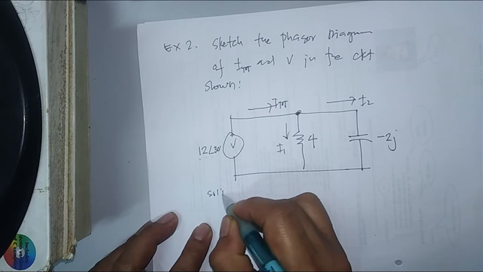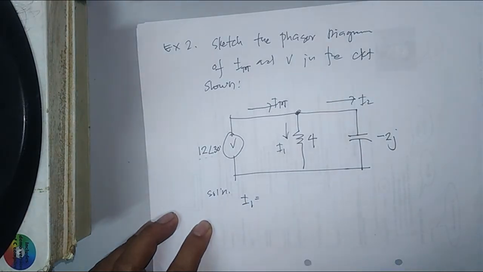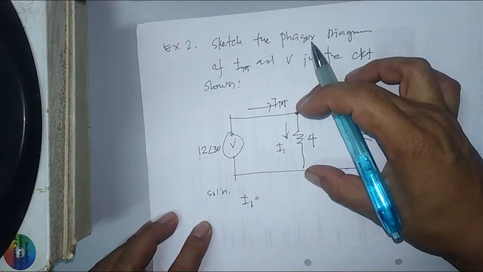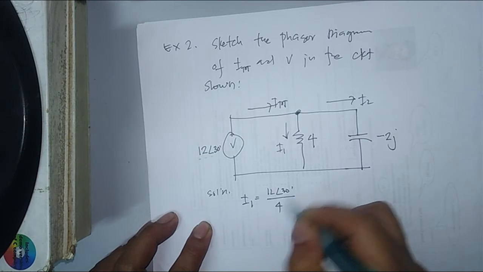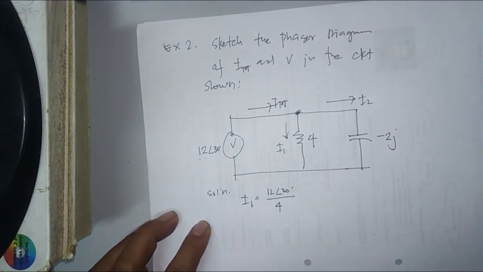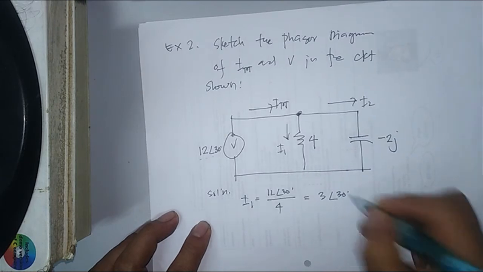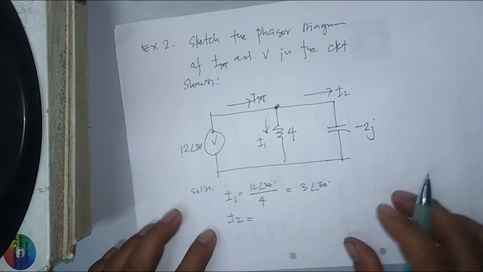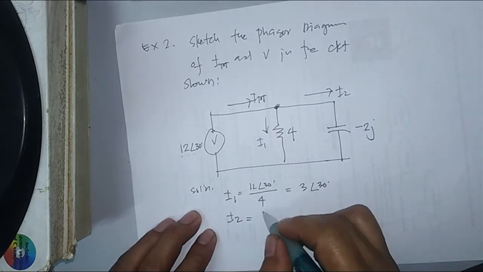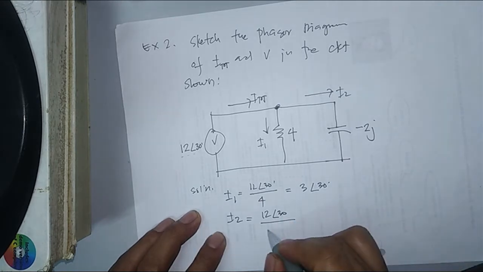So your solution here is very simple. Try to solve for I1 first. That is the voltage across here, 12 angle 30 degrees divided by the resistance, which is 4. So this will become 3 angle of 30 degrees. Now solve for I2. I2 is the voltage there, 12 angle of 30 degrees divided by minus j2.